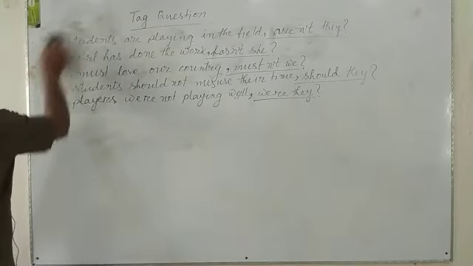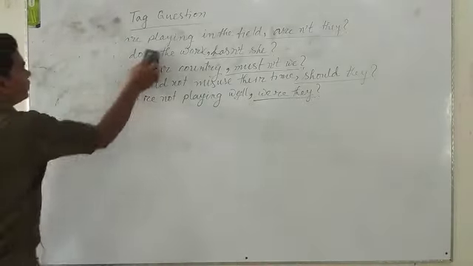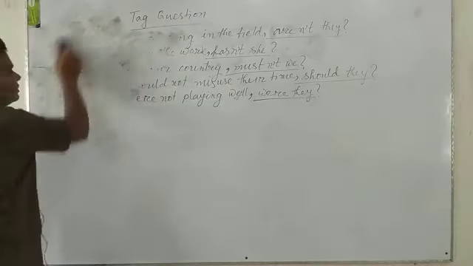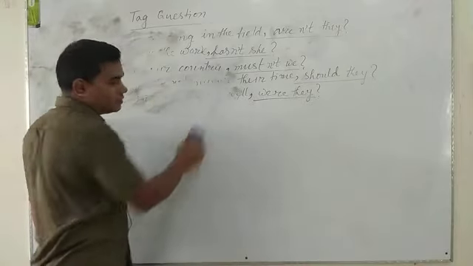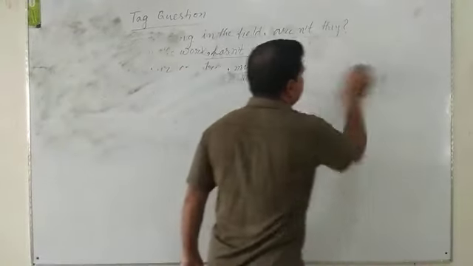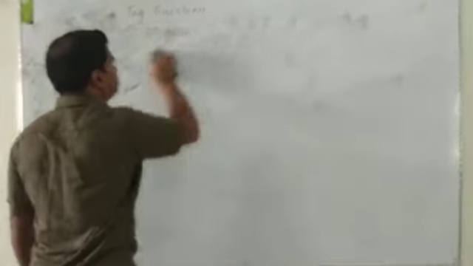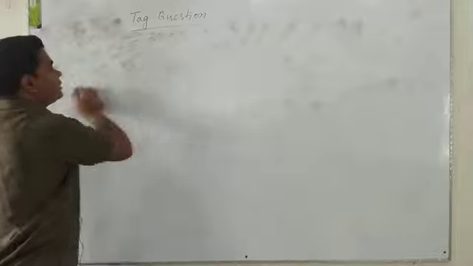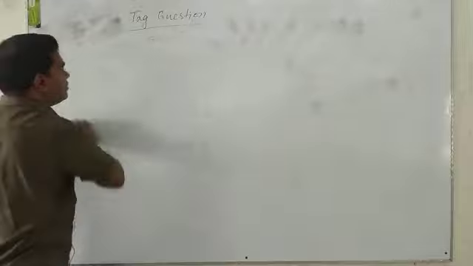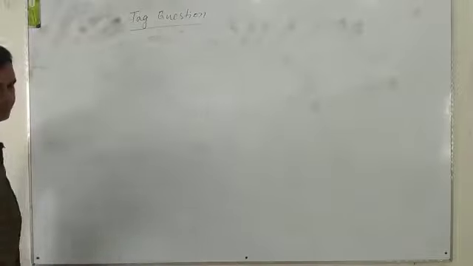Dear students, I guess you have written all the examples in your exercise book and you will practice more examples so that you will be confirmed about the tag question. So dear students, we will now make the tag question of those sentences which have no operators or auxiliary verbs.